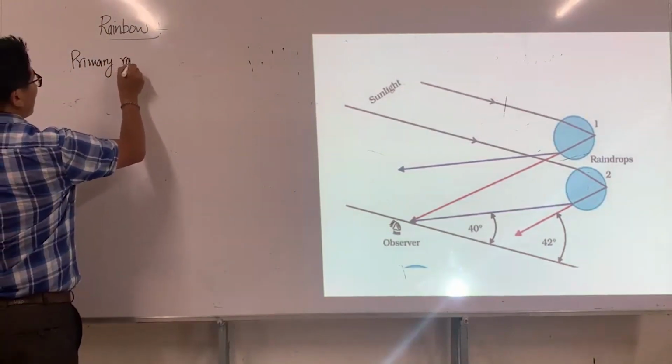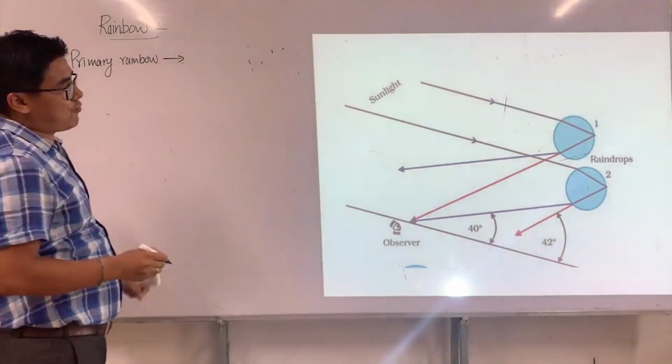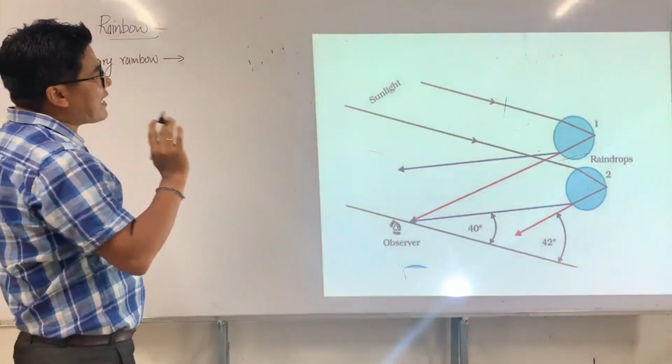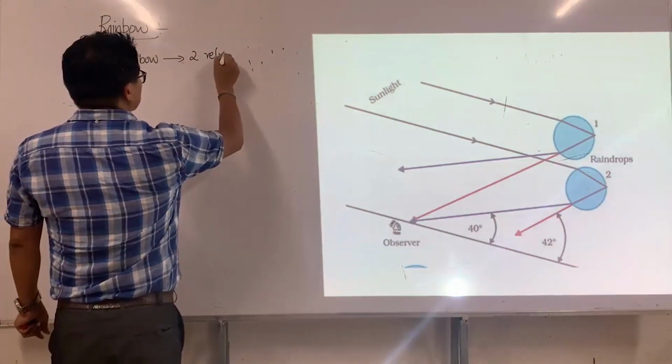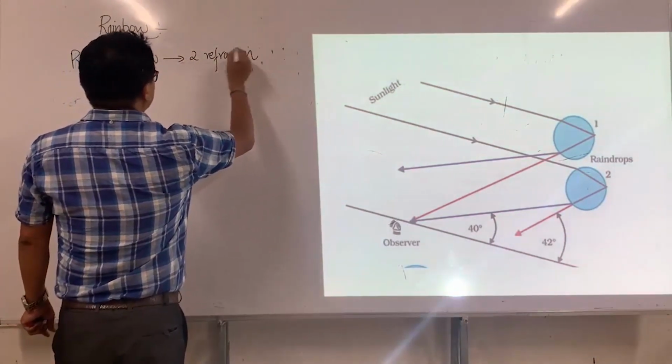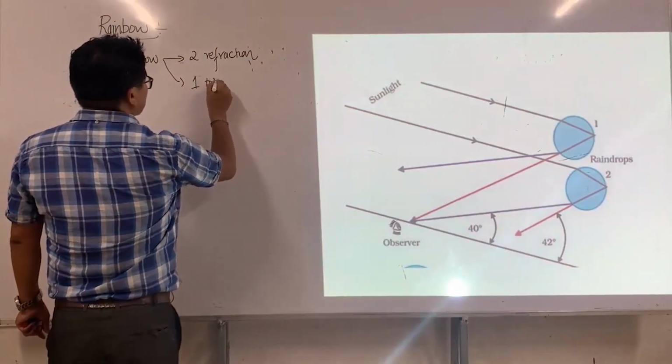So a primary rainbow consists of two refractions and one total internal reflection.